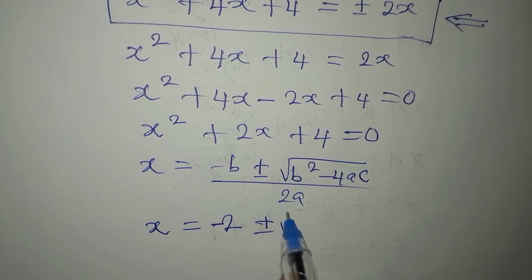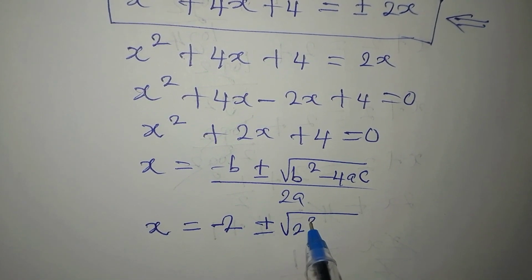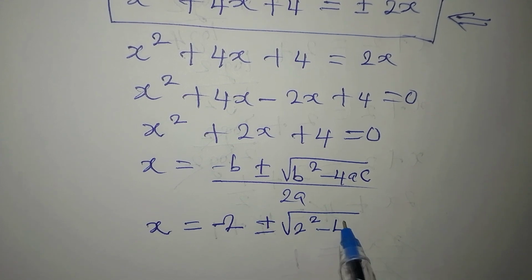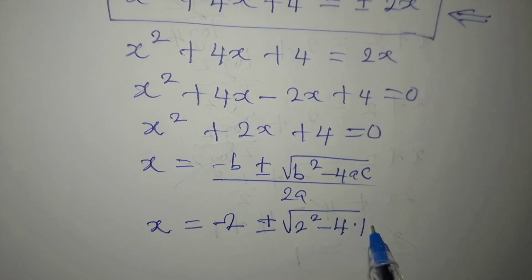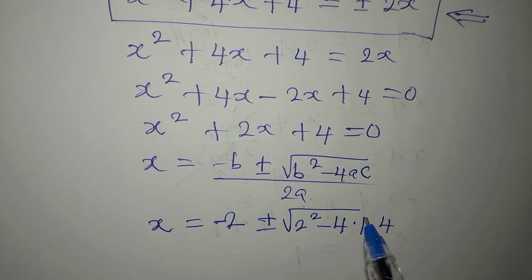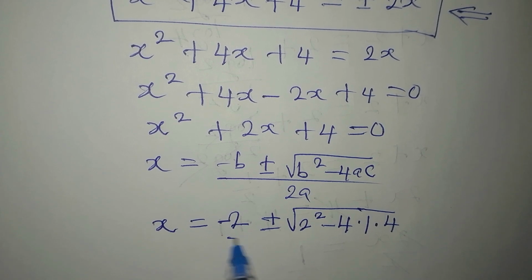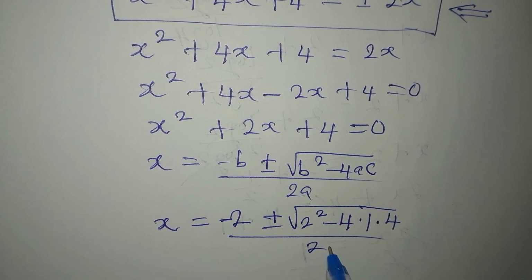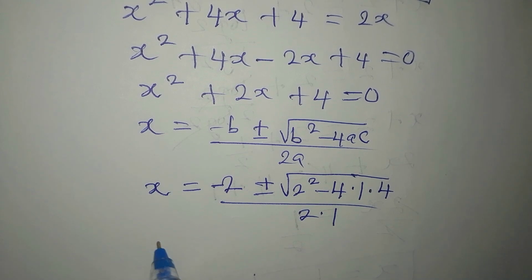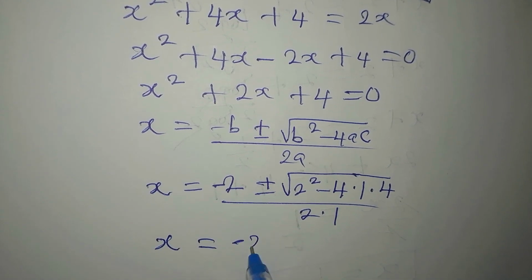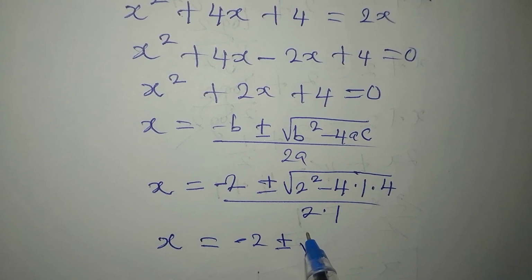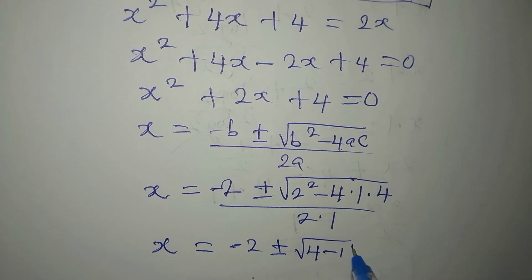Then plus or minus, we have 2^2 - 4 times a, which is 1, times c, and our c is 4. So we divide this by 2 times a, and a is 1. If I continue, x will be -2 plus or minus, then we have 4 - 16.